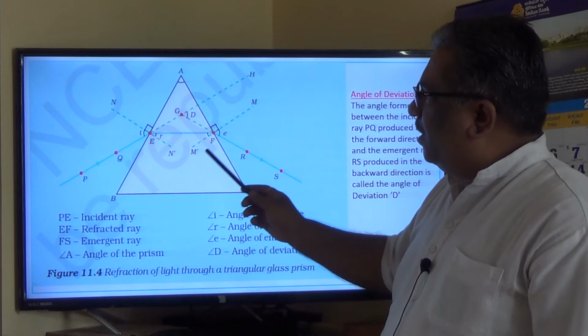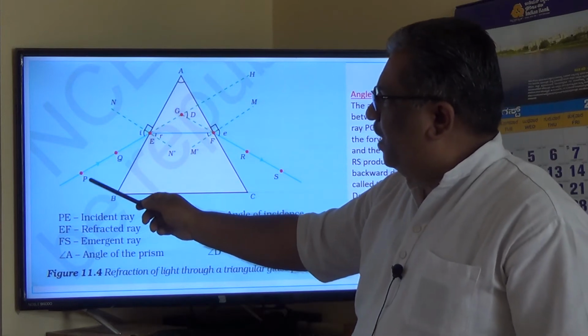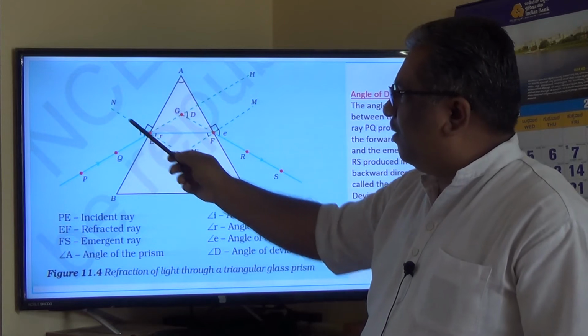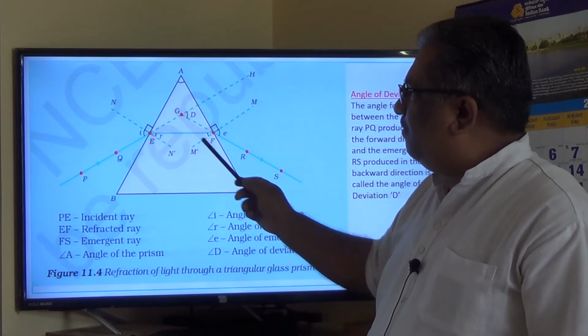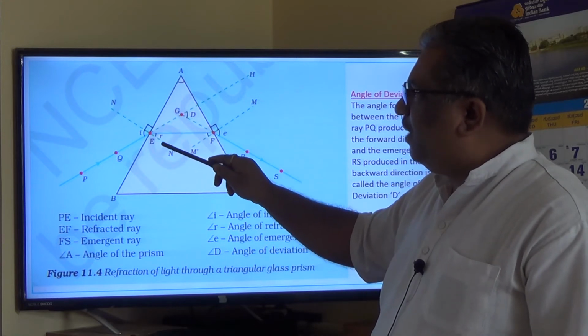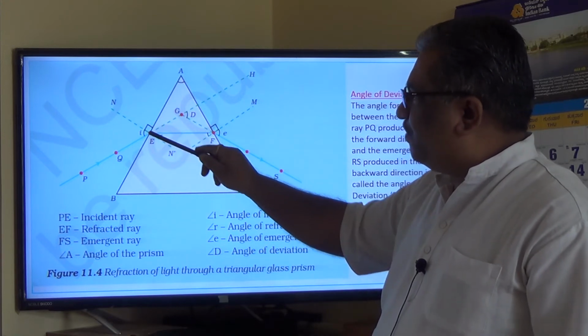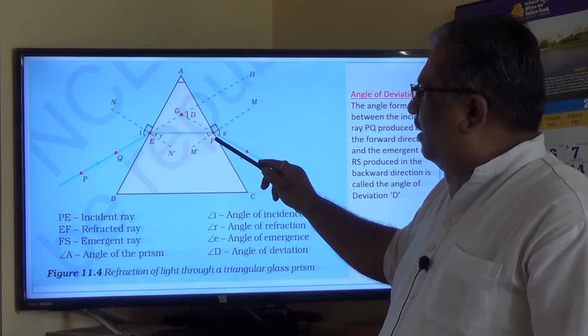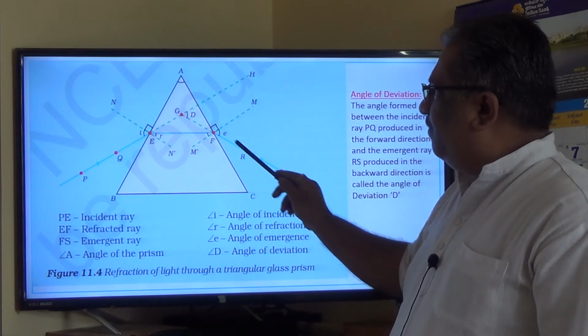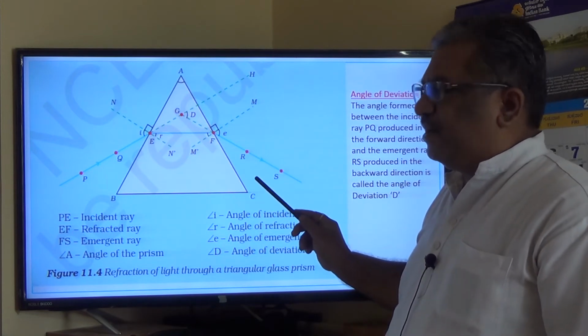So you have understood here, PQ is the incident ray that makes an angle of incidence i with the normal. EF is the refracted ray which bends towards the normal and makes an angle of refraction r with respect to the normal. And FS or FR also you can say, no problem. FR or FS is the emergent ray.